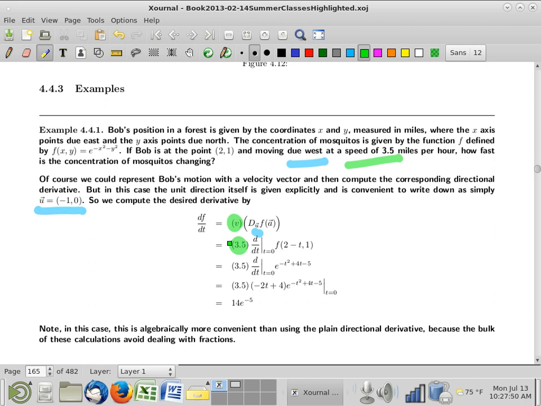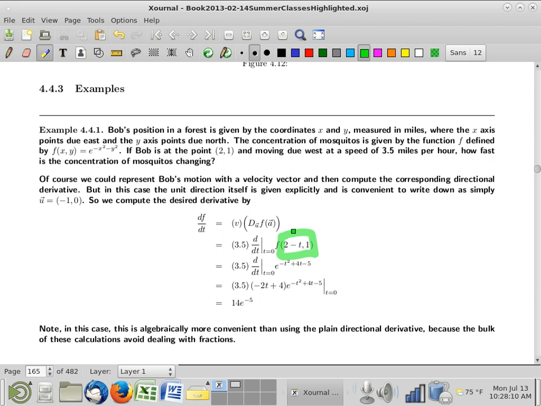Now, how is this helpful? Look at the parametric line: x is 2 minus t, y is 1. Integer coefficients, kind of nice. Why are there integer coefficients here?